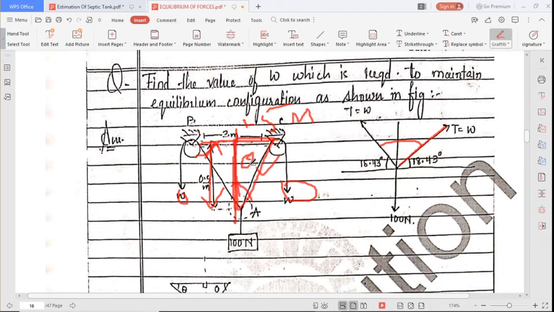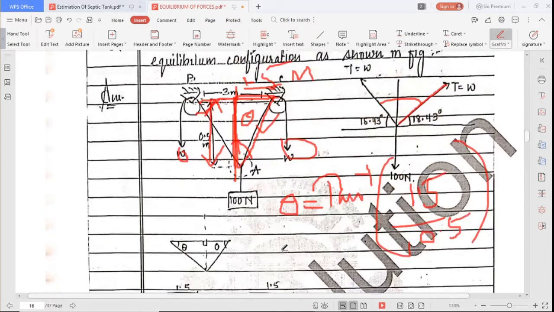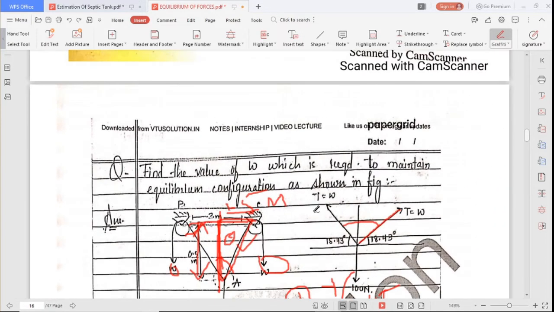So theta is equal to opposite by adjacent. Opposite is 1.5 divided by 0.5. So theta is equal to tan inverse of 1.5 divided by 0.5. We'll get theta as 18.43 degrees.